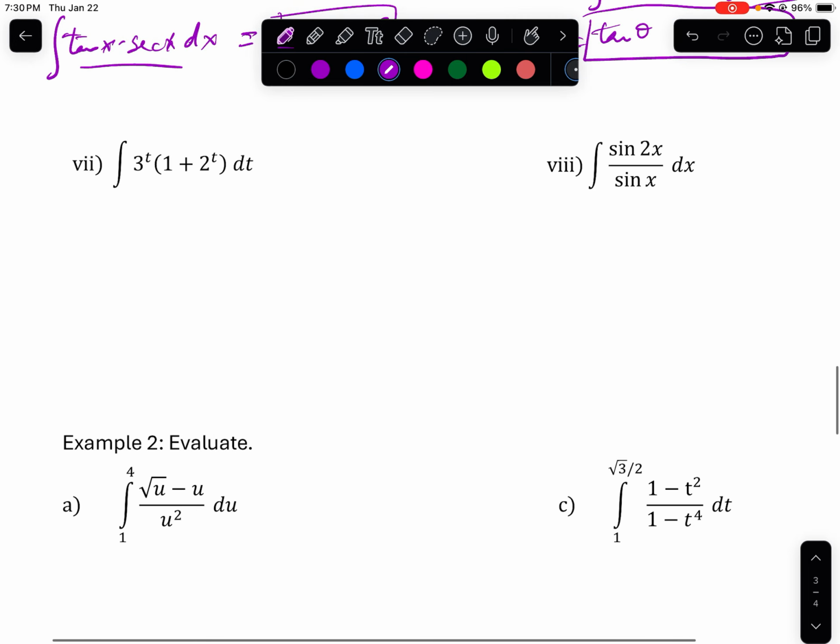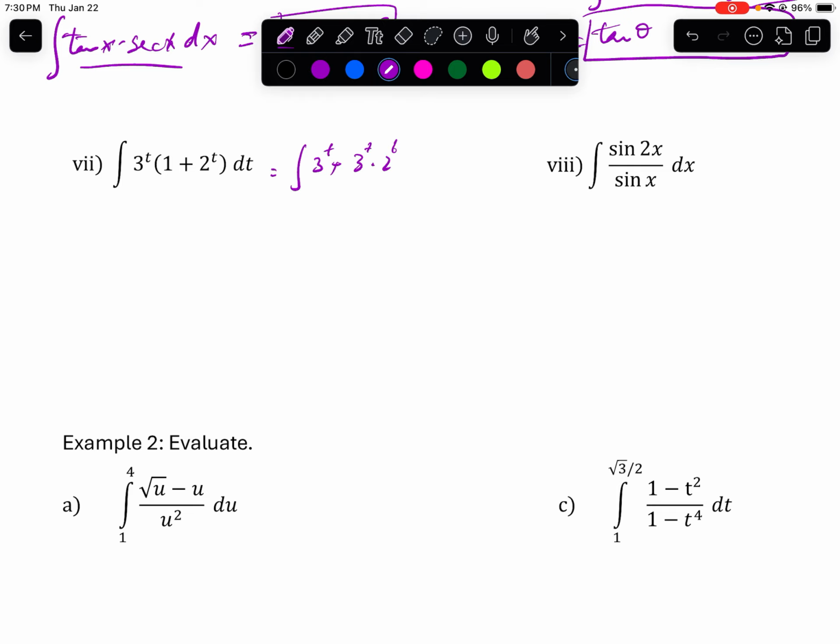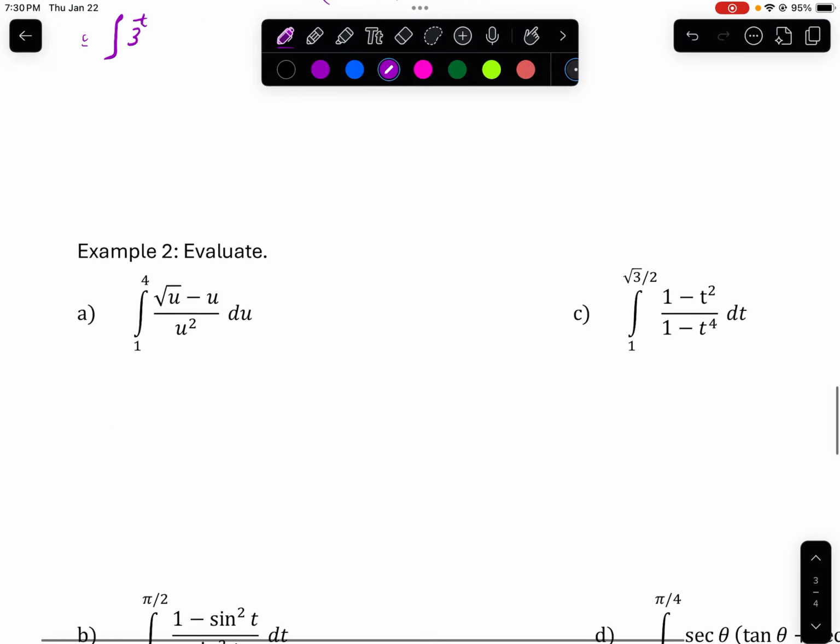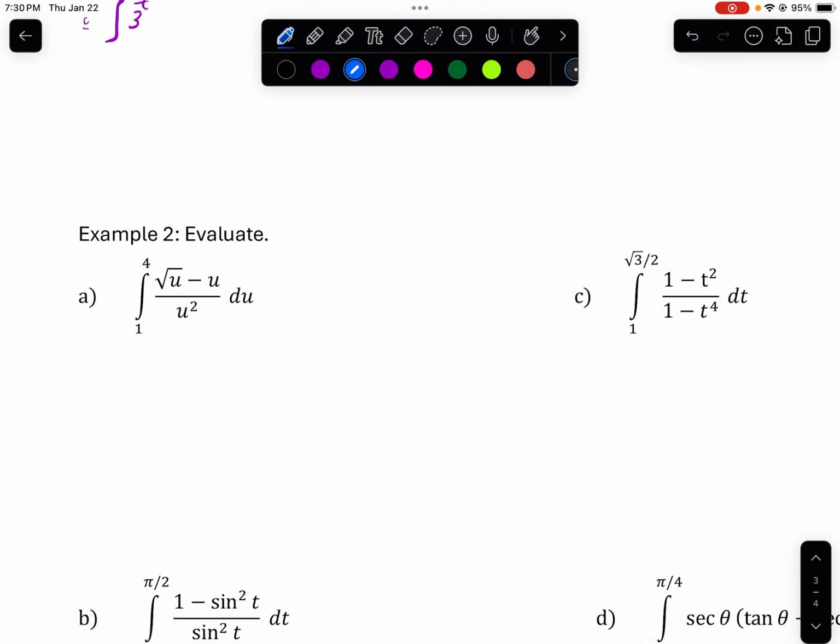So we can write it as the integral of 3 to the t plus 3 to the t times 2 to the t, dt, which is equal to the integral of 3 to the t, which remains as it is. But how can we write the second term?